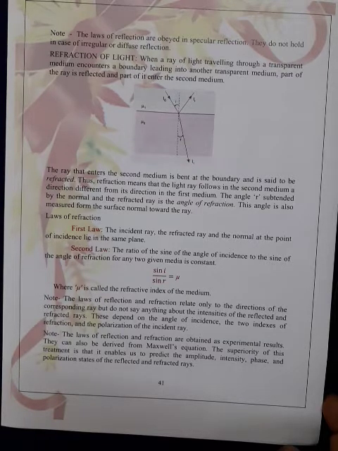The laws of reflection and refraction are obtained as experimental results. They can also be derived from Maxwell's equations. The superiority of this treatment is that it enables us to predict the amplitude, intensity, phase, and polarization states of the reflected and refracted rays.